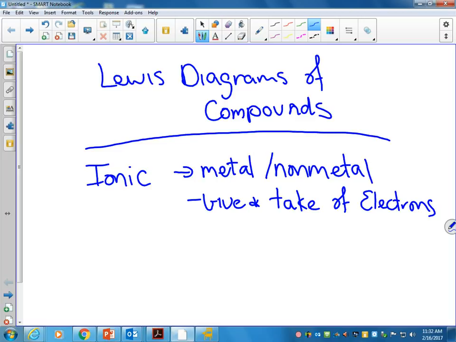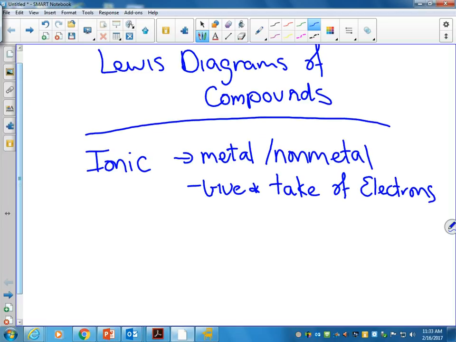Let's look at a simple one that has just one atom of each. So I'm going to look at lithium and chlorine. So lithium chloride. Just by looking at the charges, you guys know lithium's a +1, chlorine's a -1. Swap and drop, we need 1 and 1, right? But let's look at a more detailed approach of it.